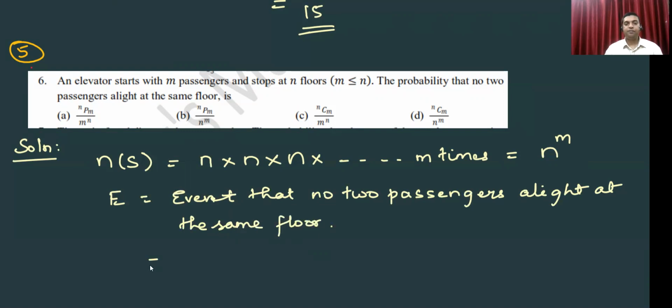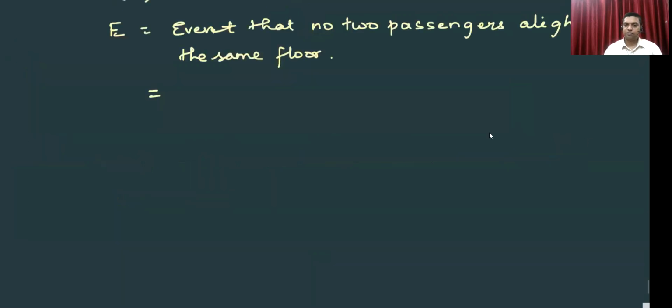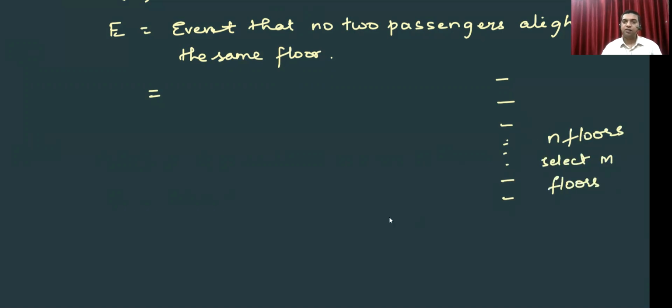That means from the N floors, select M floors, which gives NCM.